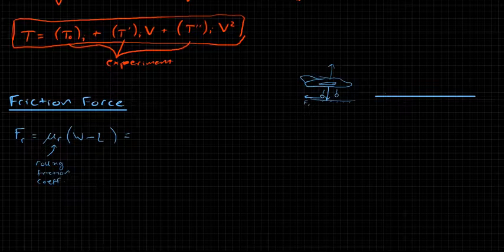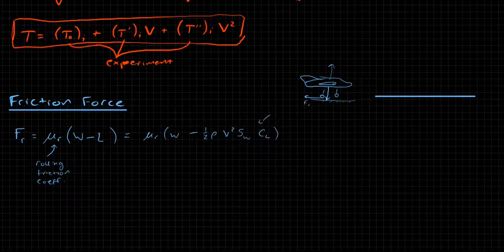Because our lift coefficient is constant, we can write the friction as mu r times (W minus 1/2 rho v squared S_W C_L), where C_L is constant. Now our velocity, of course, is not constant. We're changing velocity.